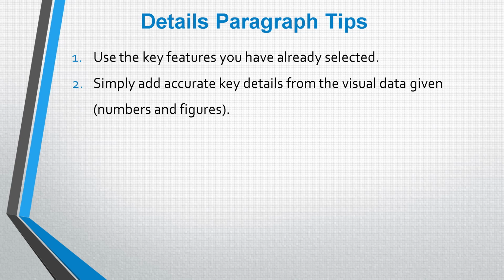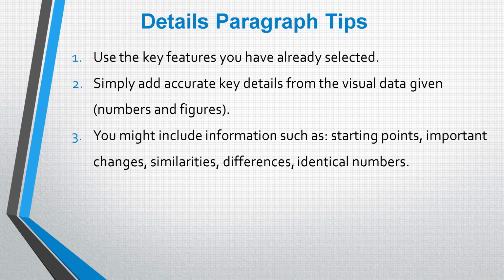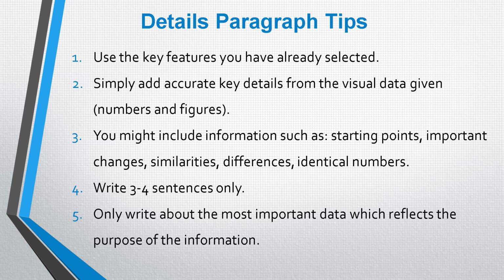You might include information such as starting points, important changes, similarities, differences, or even identical numbers. You're going to write 3 to 4 sentences only, and you're only going to write about the most important data which reflects the purpose of the information.